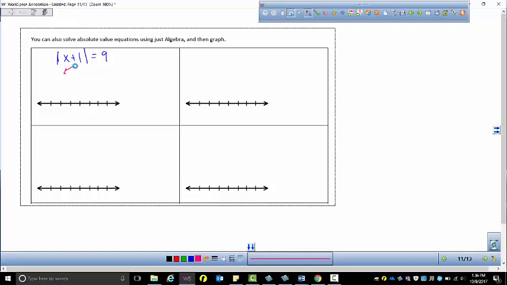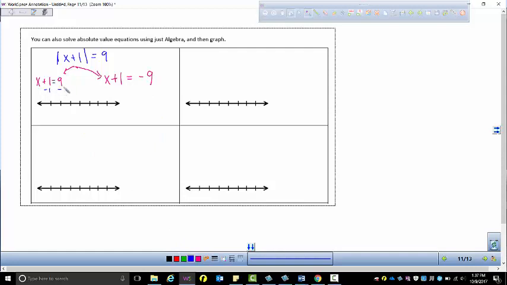So you make 2 different equations. The first one you just copy: x plus 1 equals 9. The second one, you copy the inside: x plus 1 equals, you have to take the opposite of 9, so it's -9. And then you solve.